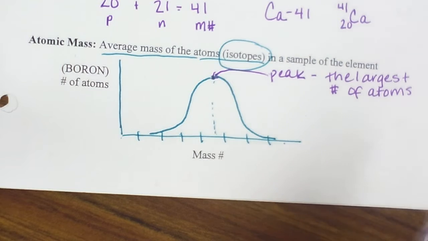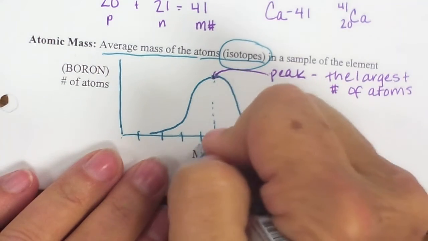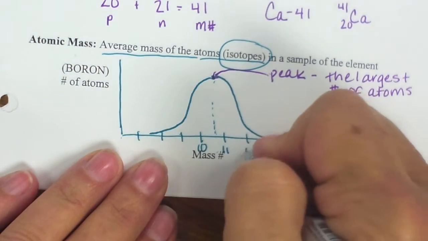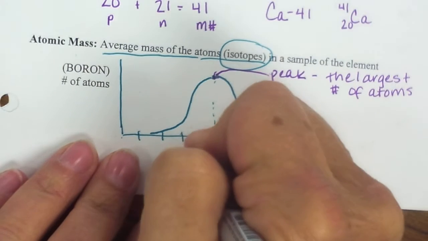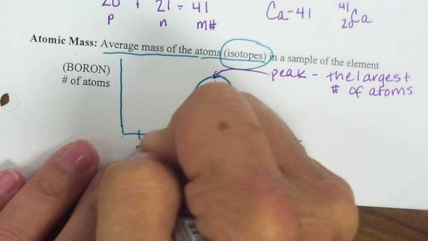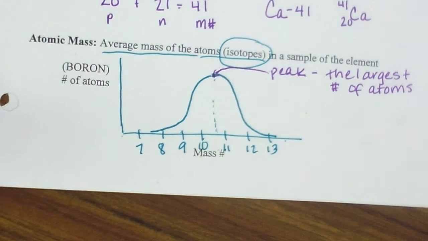So we're going to look at a bell curve today, and we're going to look at it in terms of 10, 11, 12, 13, 9, 8, and 7, in terms of the mass of isotopes in boron.